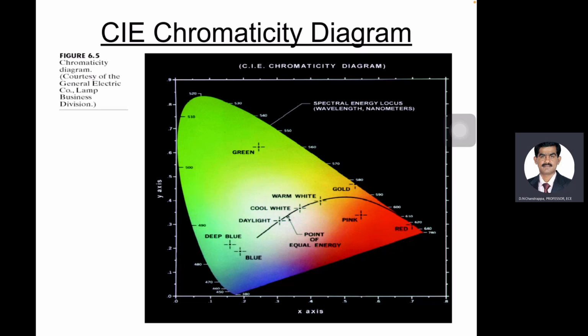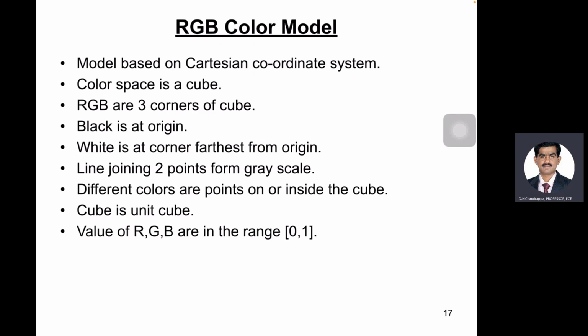The line joining these two points gives the grayscale. Different colors are points on or inside the cube. The cube is a unit cube, and the values of RGB are considered only in the range 0 to 1. This is the RGB color model, a schematic of the RGB color cube, with points along the main diagonal being gray values from black at the origin to white at this point.